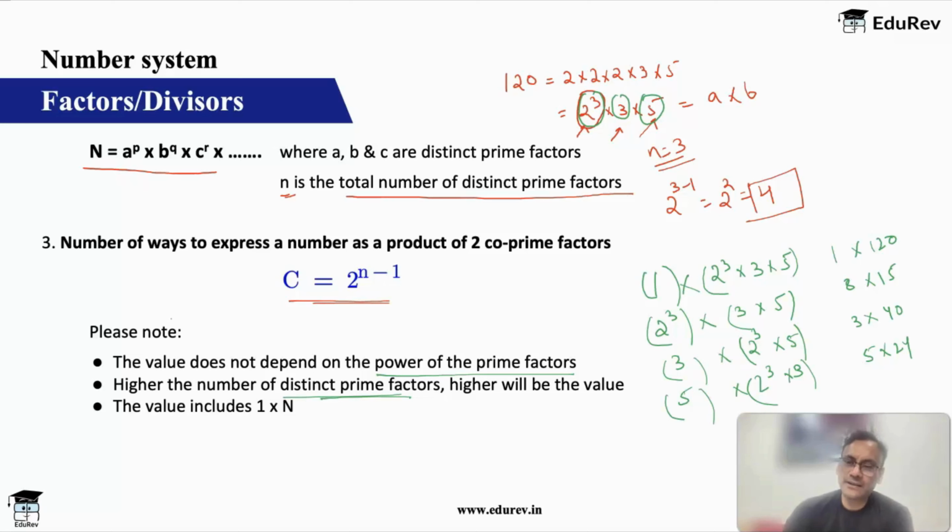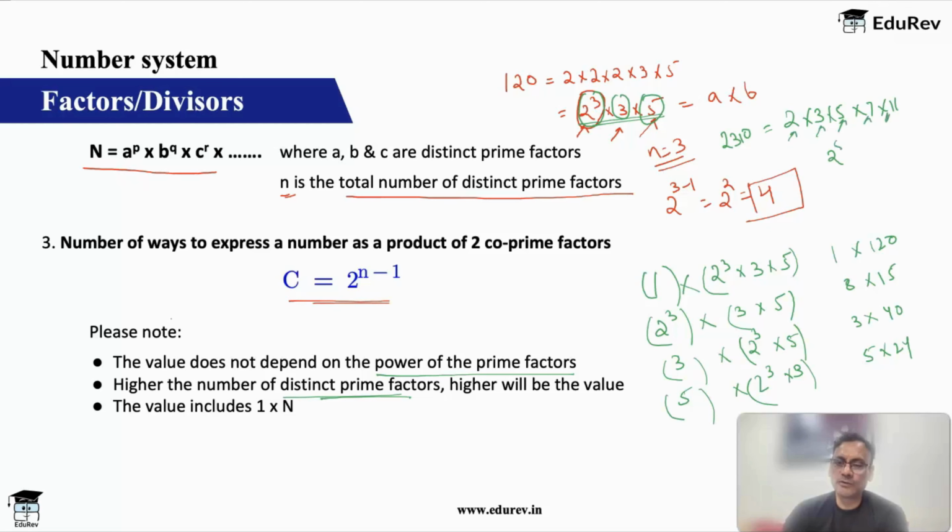As you saw, there are 3 distinct prime factors. Now if there was a number 2 into 3 into 5 into 7 into 11, though this number may not be very big, 5 into 2 is 10, 10 into 3 is 30, 30 into 7 is 210, 210 into 11 is 2310, the answer for this would be based on n equal to 5. 1, 2, 3, 4, 5.